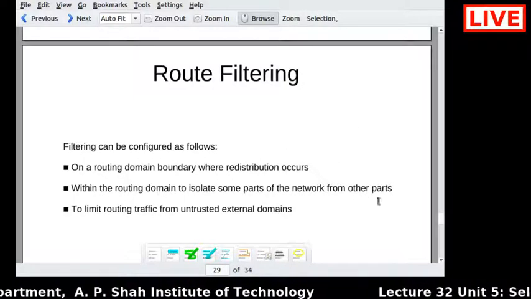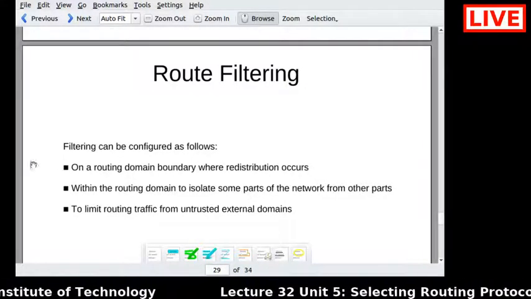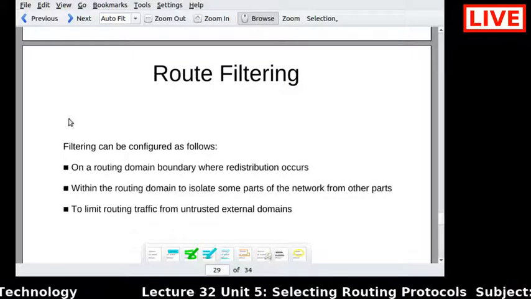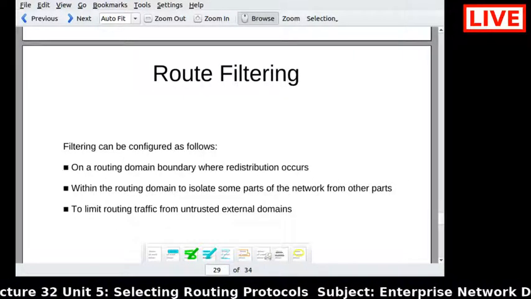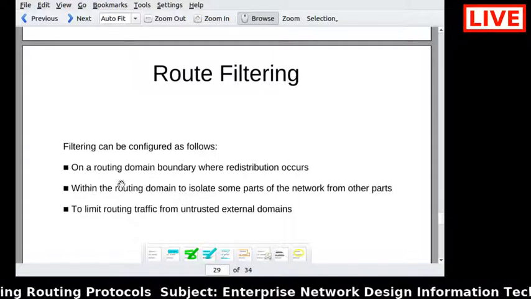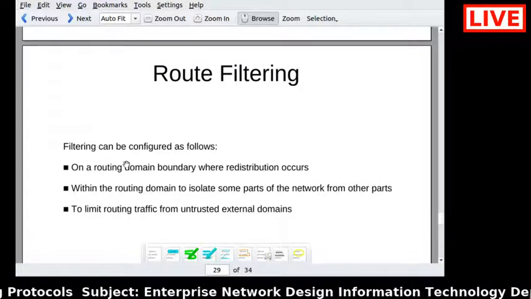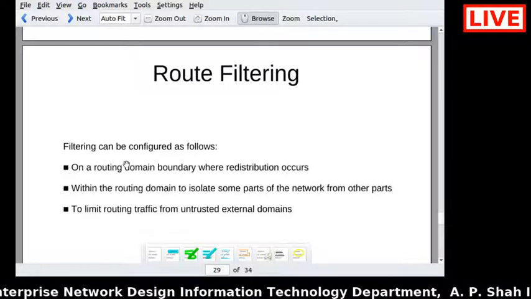Then we have the route filtering topic. Route filtering can be configured in three places.